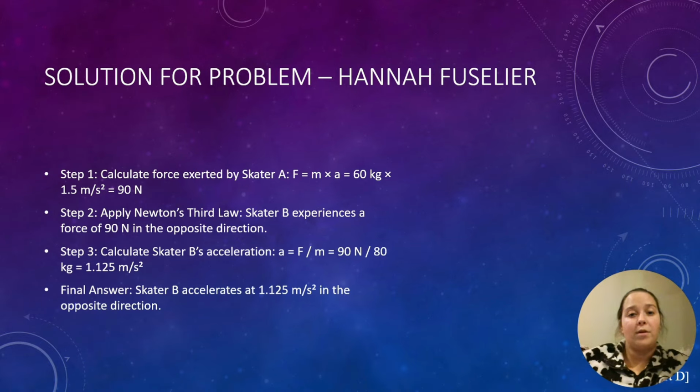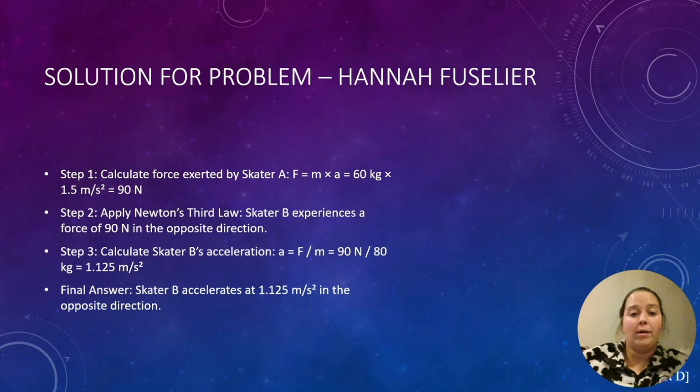The solution for the problem. Step 1: Calculate the force exerted by skater A, which is F equals m times a, which is 60 kilograms times 1.5 meters per second squared equals 90 newtons. Step 2: Apply Newton's third law. Skater B experiences a force of 90 newtons in the opposite direction.